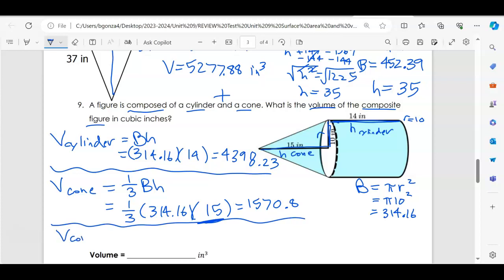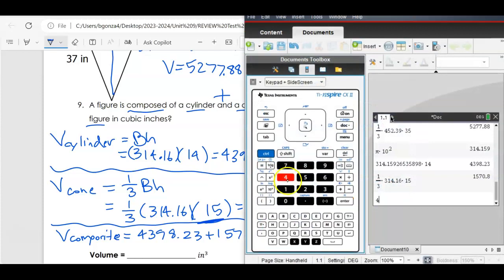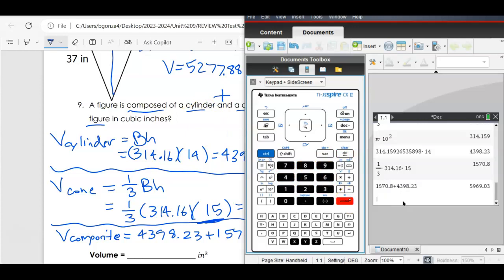So the volume that's composite, you're going to take this and this down here and add them up. 5969.03.